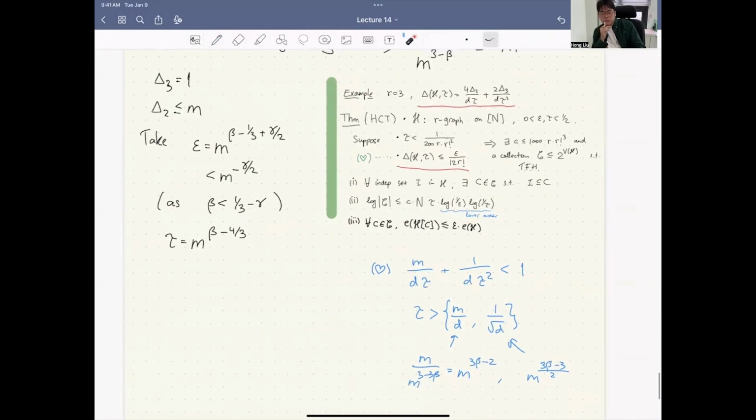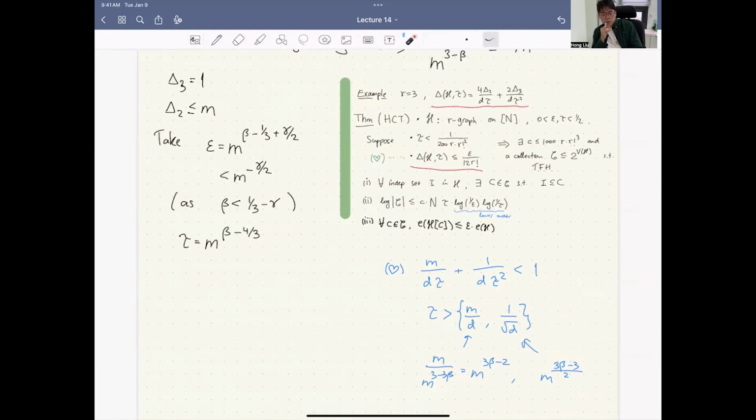Let me see. Delta 2 is m, that's correct. Delta 3 is 1. So m over d tau plus 1 over d tau square. You want tau to be bigger than m over d and tau to be bigger than 1 over root d.